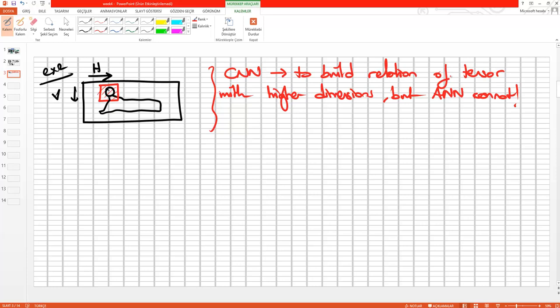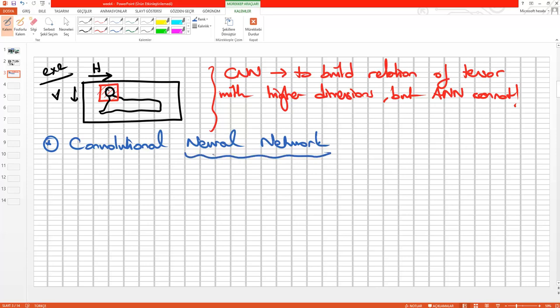And so what is CNN right now? Convolutional neural network. In the previous week we talked about the neural network. Just remember that.